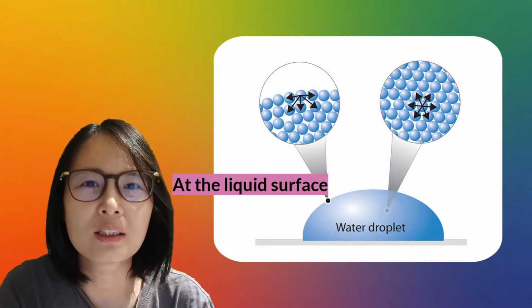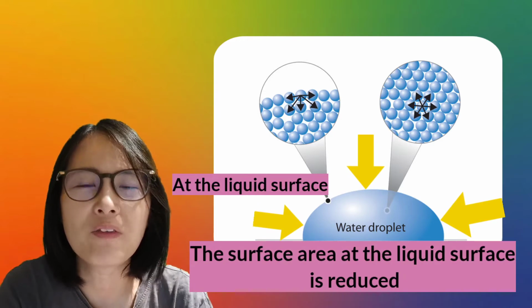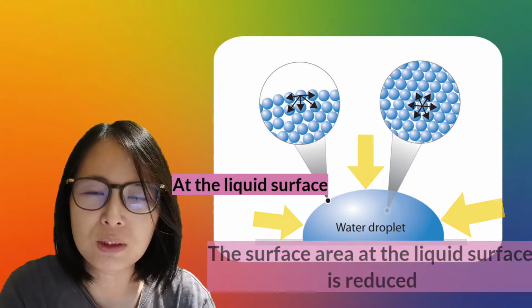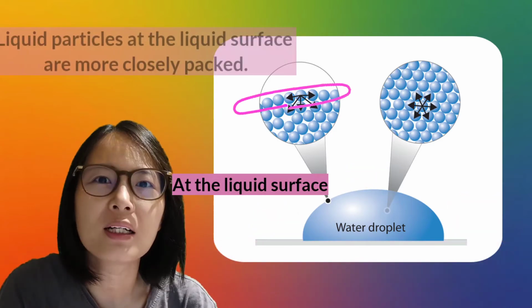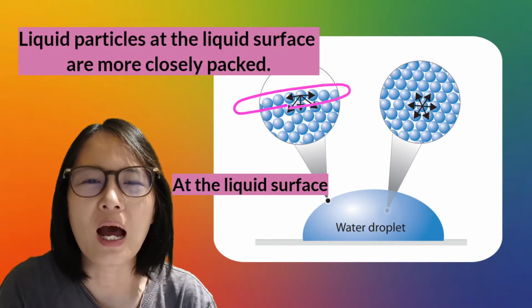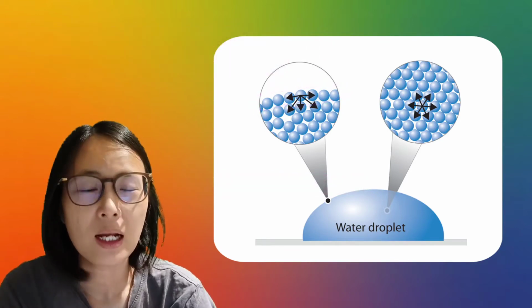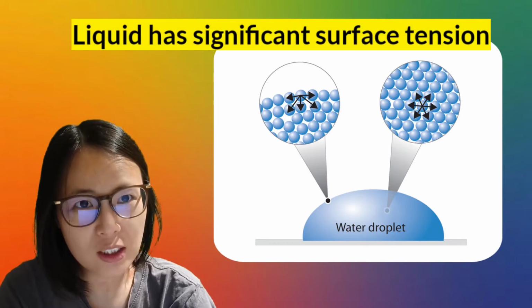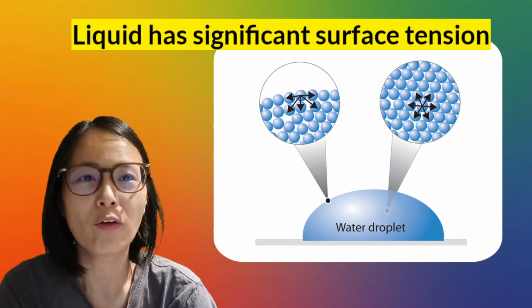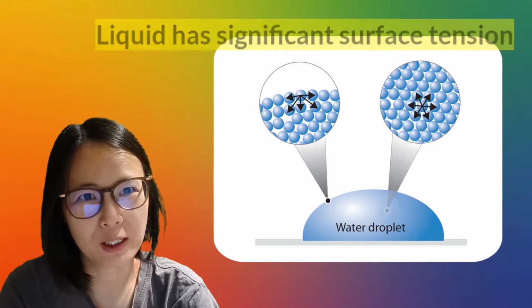This causes the surface area of the liquid to be reduced, and the liquid particles at the surface are more closely packed. This results in the liquid having significant surface tension due to the imbalance of forces at the surface of the liquid.